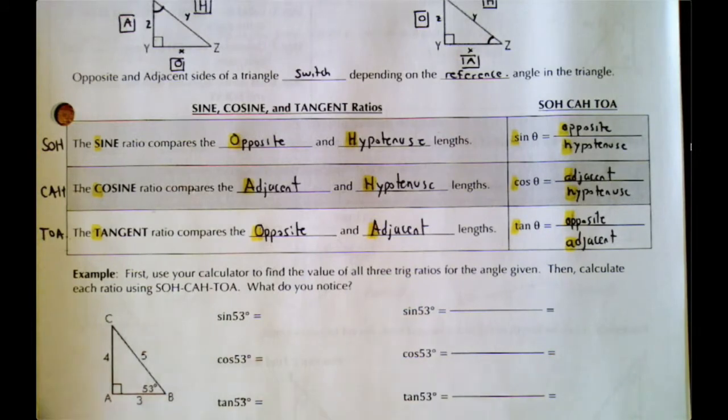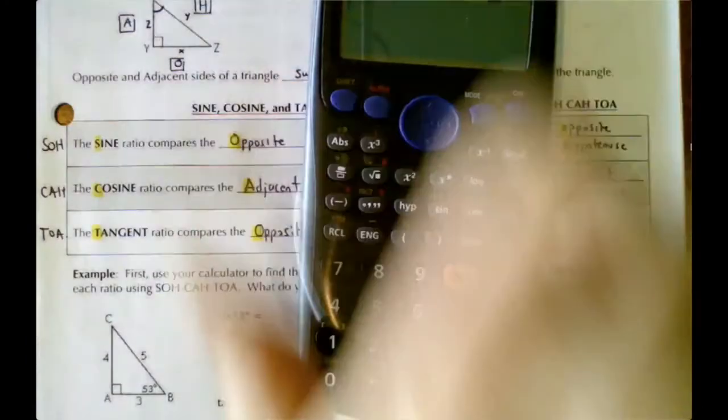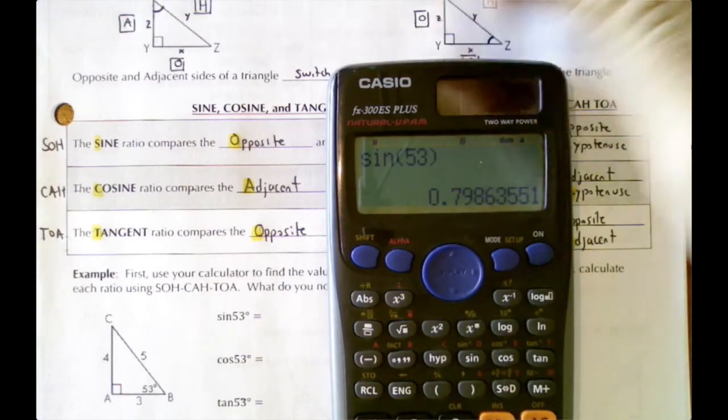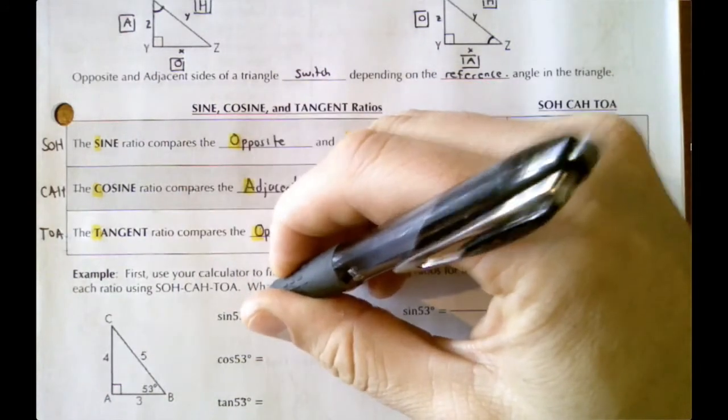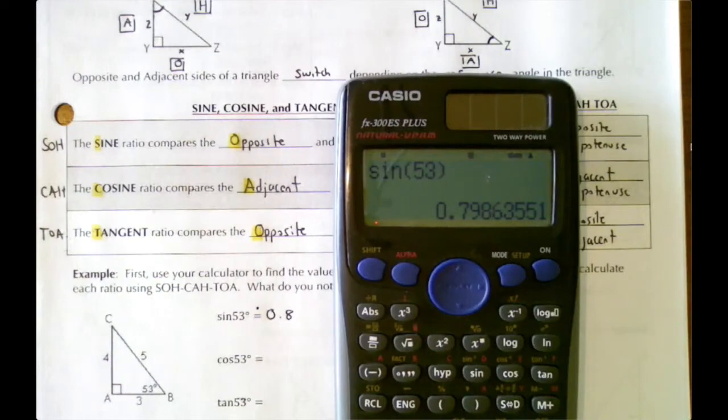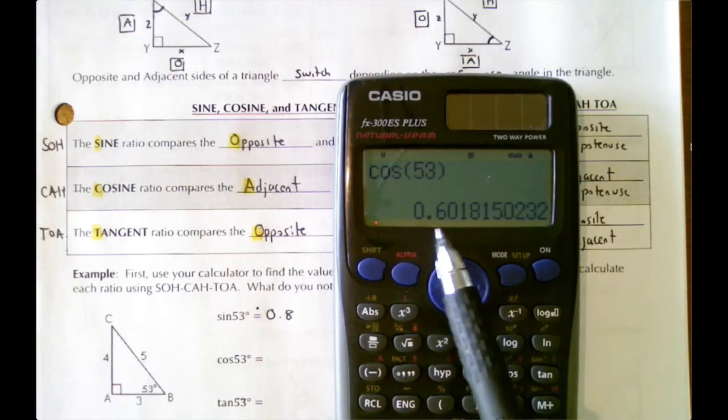So let's look back at this triangle. Let's type sine 53, cos 53, and tan 53 into our calculator to show you what we get. Sine 53 gives us 0.7986. Let's round it to 0.8. Cos 53 gives us 0.601.